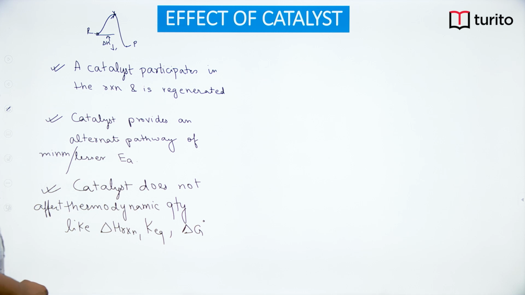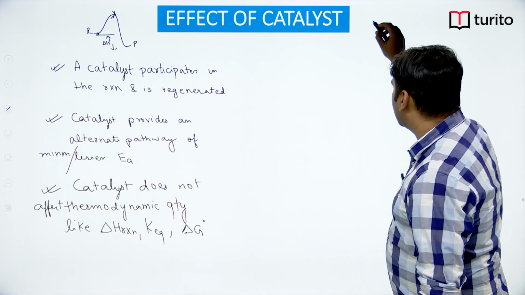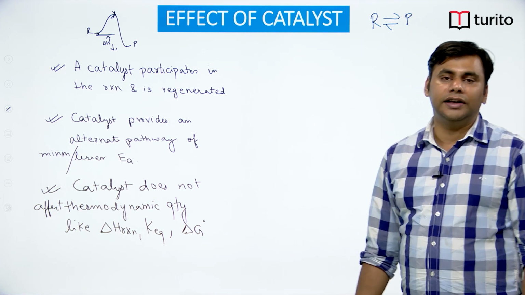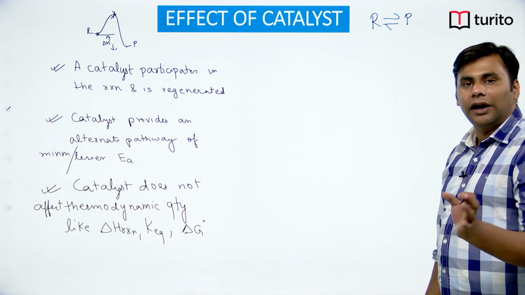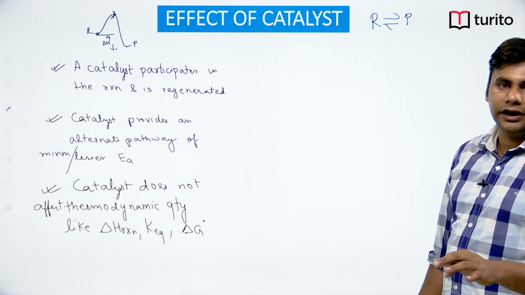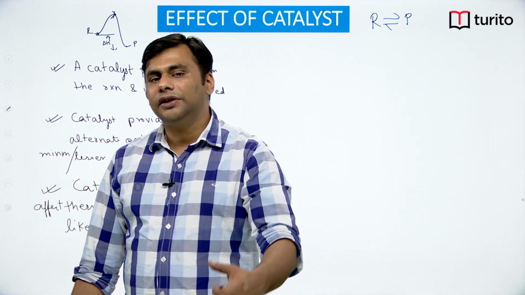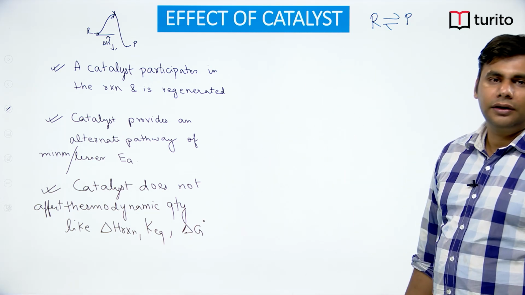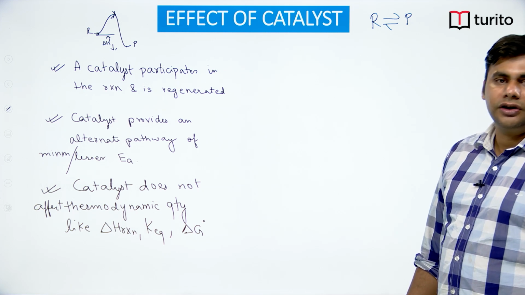So now what does a catalyst do in an equilibrium reaction? So if you look at an equilibrium reaction, reactant changing into product. Now when we add the catalyst, it increases both the forward rate of reaction and backward rate of reaction, so that equilibrium time is reduced, so that equilibrium is achieved earlier.